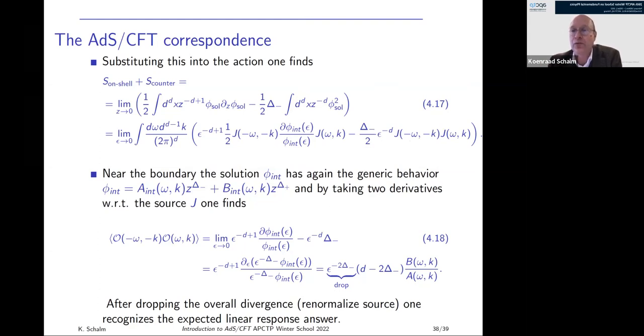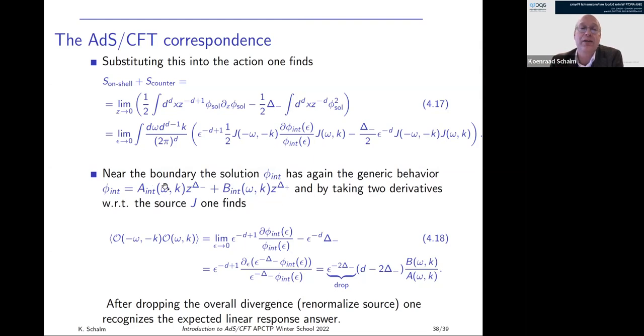Now we do have to do one more step, and this is the final step to compute this. Remember that the generic solution to the second order differential equation was something like a z to the delta minus plus b z to the delta plus. And to construct the Green's function, we needed two solutions. We needed the Dirichlet part, the part where a is 0, that we called phi b. That was to enforce the correct boundary conditions at the boundary.